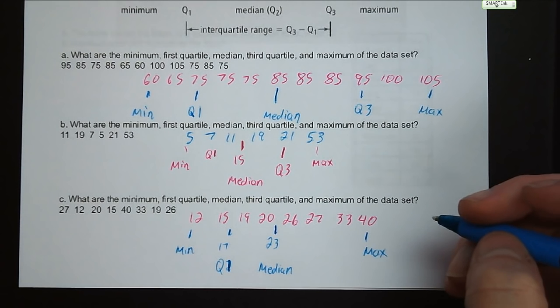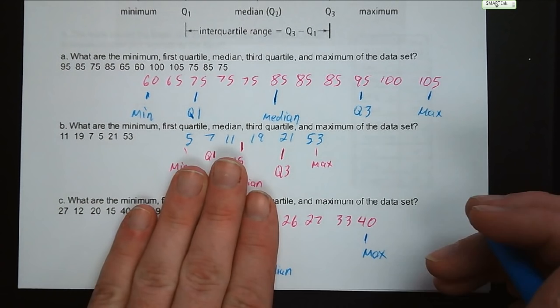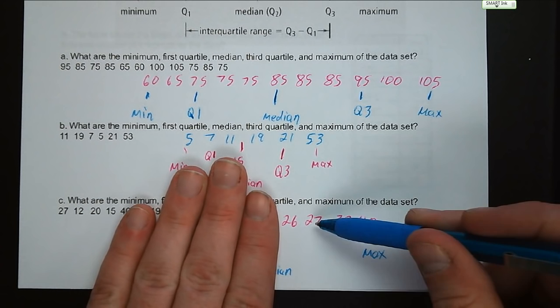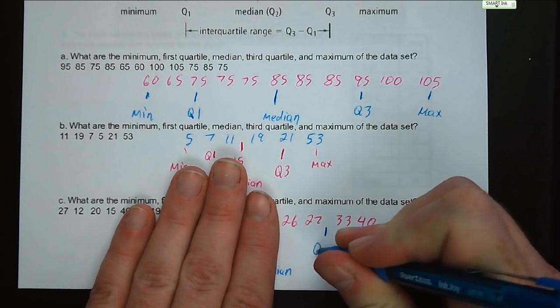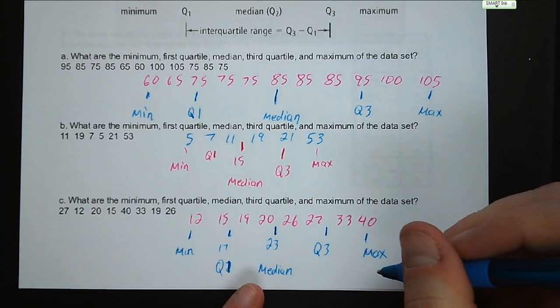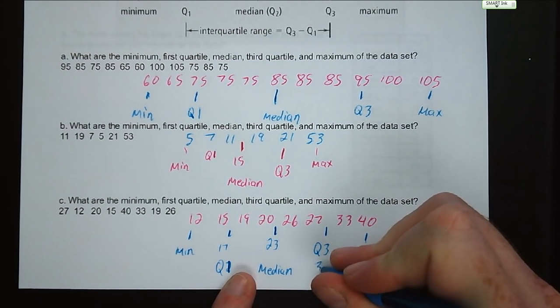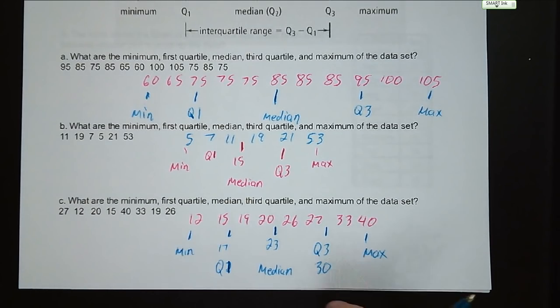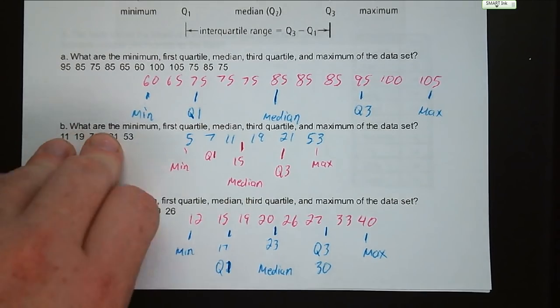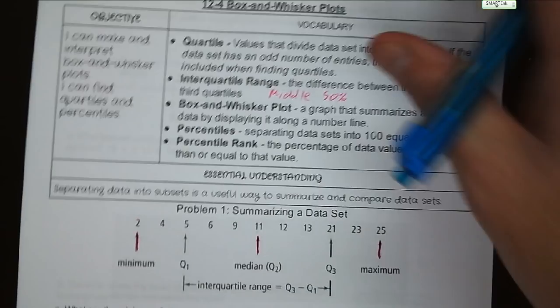Okay? Now we're going to have to do the same thing on the other side. We're going to average 27 and 33 to get our third quartile, and that's going to be 30. Sorry for flipping where I wrote those two numbers. Okay? All right, moving on to our next problem.